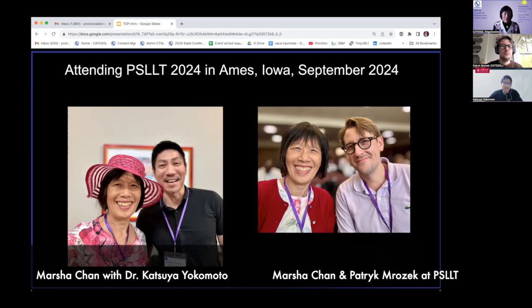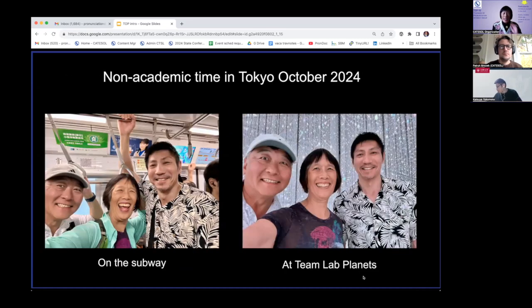Both Patrick and I were at this conference, and of course we saw Katsuya there. I had a lively time with Katsuya. Terry, my husband, and I went to Tokyo on vacation, and we had a lovely time on the subway at Team Lab Planets and a lot of other really interesting places in Tokyo. So that is our presenter. So we know we can do both academic things and non-academic things.